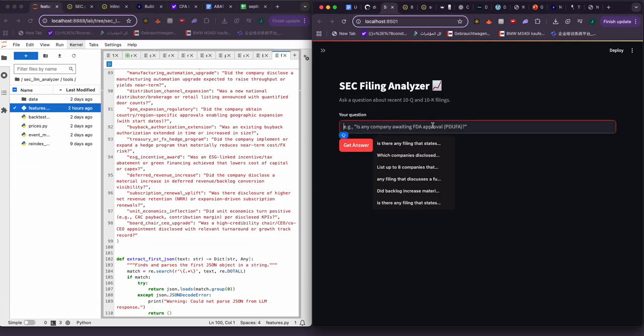It will look at 12,000 filings, and using the Gemini API, if there's any information in any filing that responds to any question that I ask, I will get the company result and I can look at it.